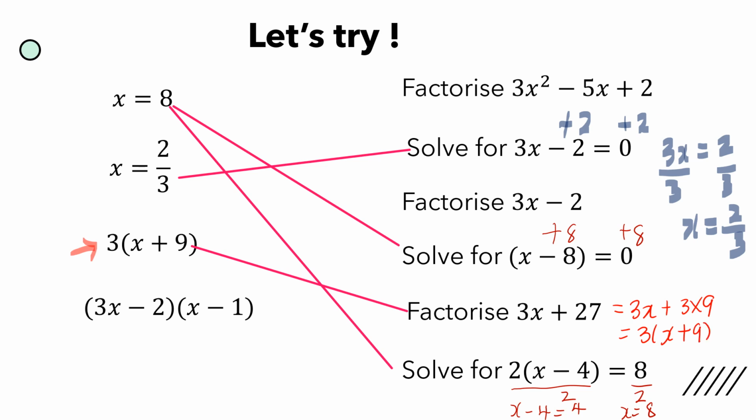And then the last one, again, is made up of 2 linear factors, right? So the keyword to look out for is factorize. And this one here, if you recall, we will have to use the cross method to factorize it.